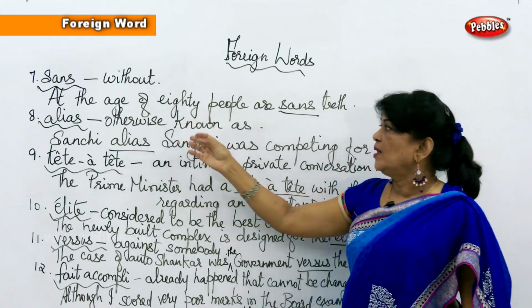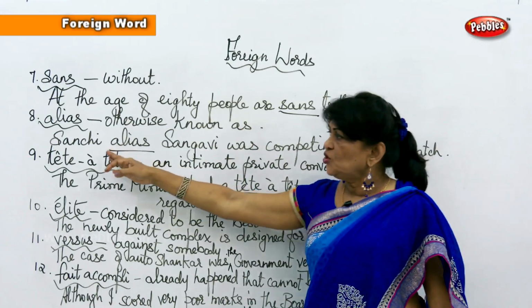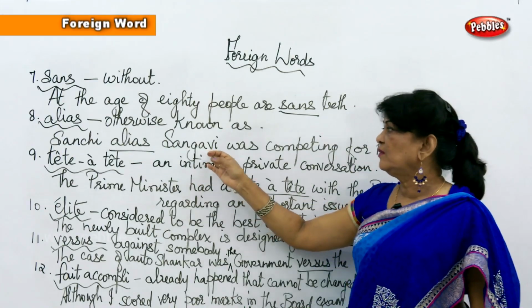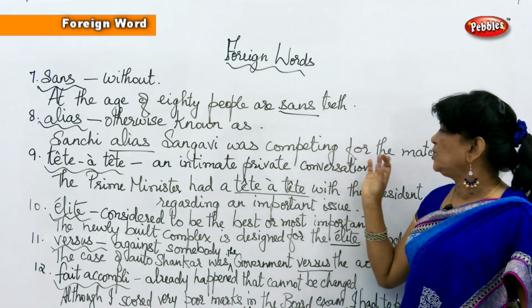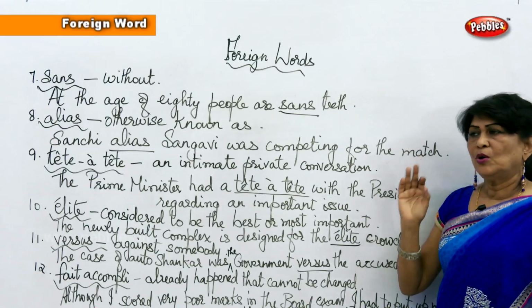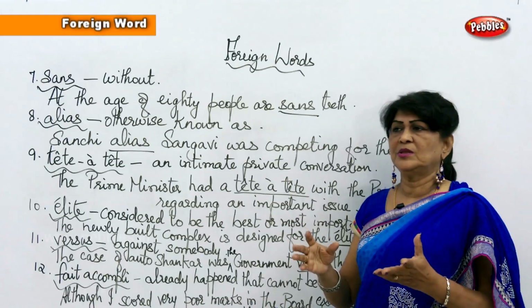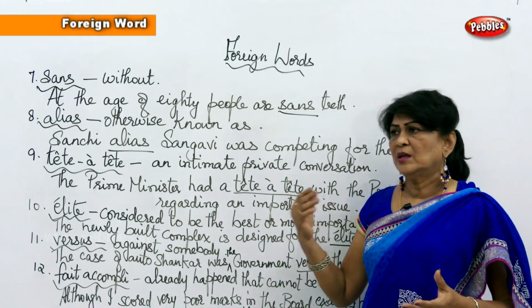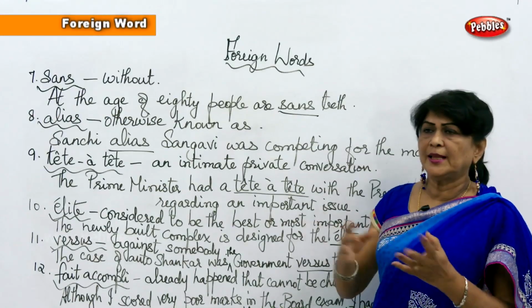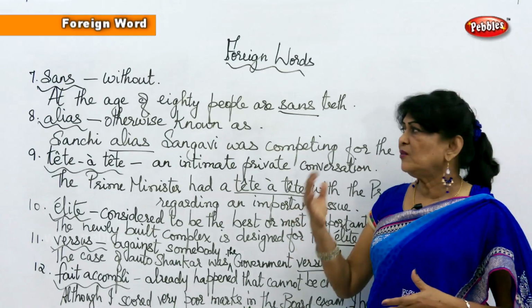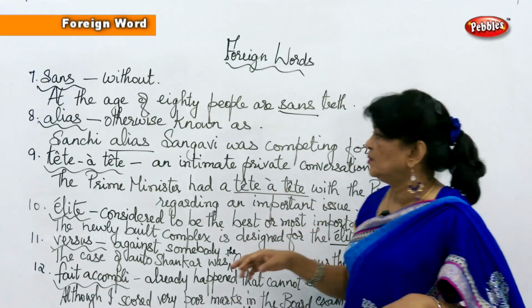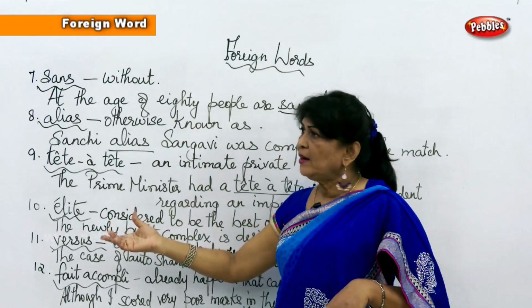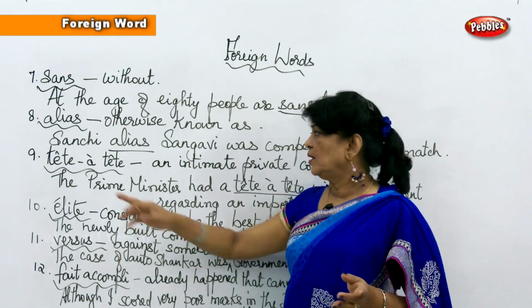Alias, otherwise known as, Sanchi alias Sangavi, was competing for the match. This alias is used very often, like Mani versus Manoharan. We always have in wedding invitation cards two names. One may be a pet name, one may be the real name.